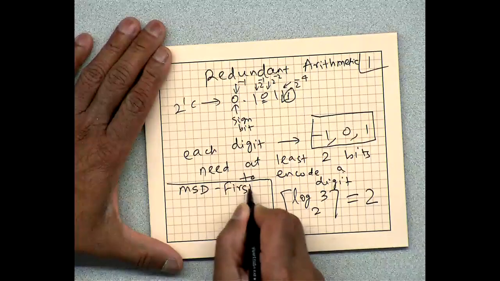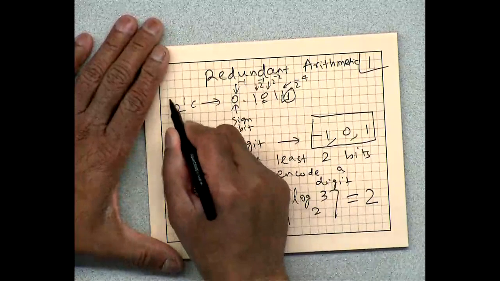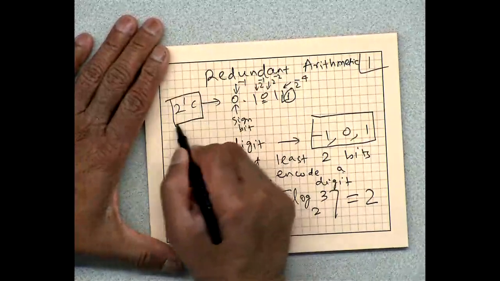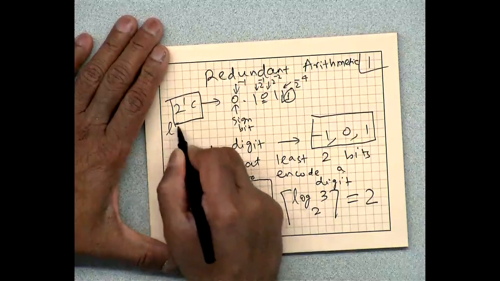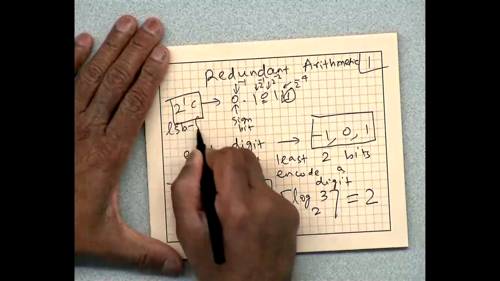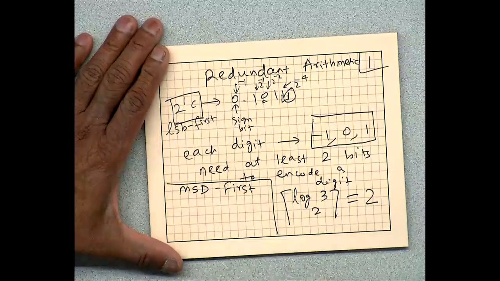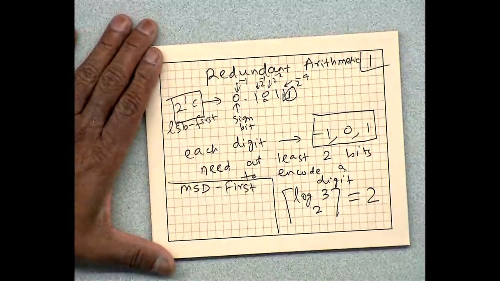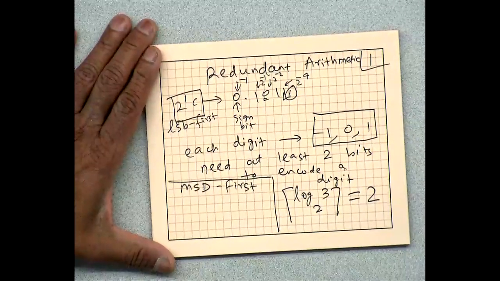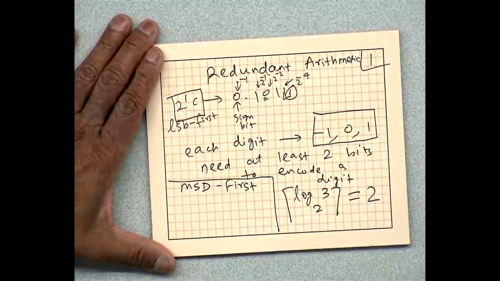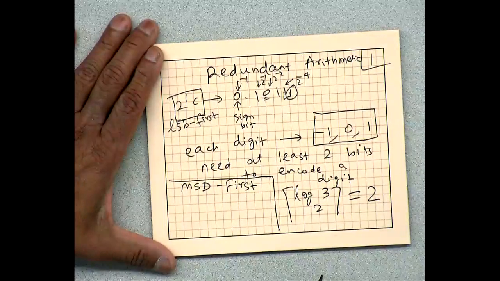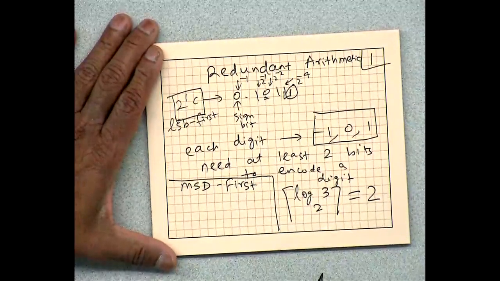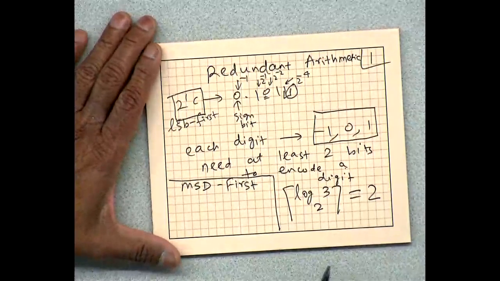Typical 2's complement arithmetic is well suited for operations that are LSB first, so these are least significant bit first operations. If I'm adding two numbers, multiplying two numbers, then I can compute them in a least significant bit first manner.